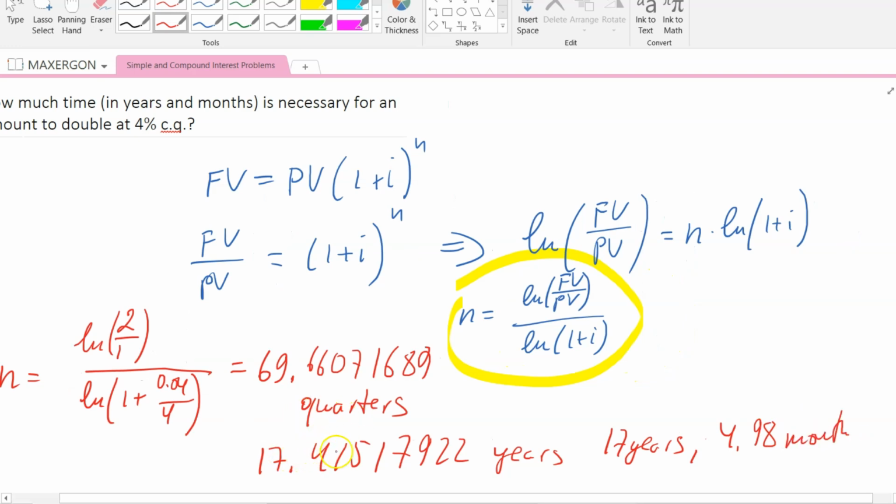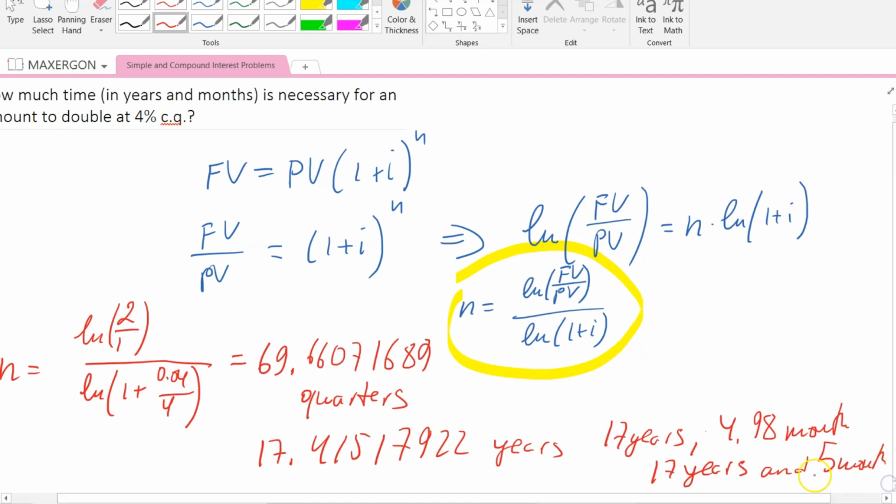I simply took 0.41517922 and multiplied by 12 in order to find months. But rounded to the next month, we have 17 years and 5 months. And this will be the solution to this problem. 17 years and 5 months.